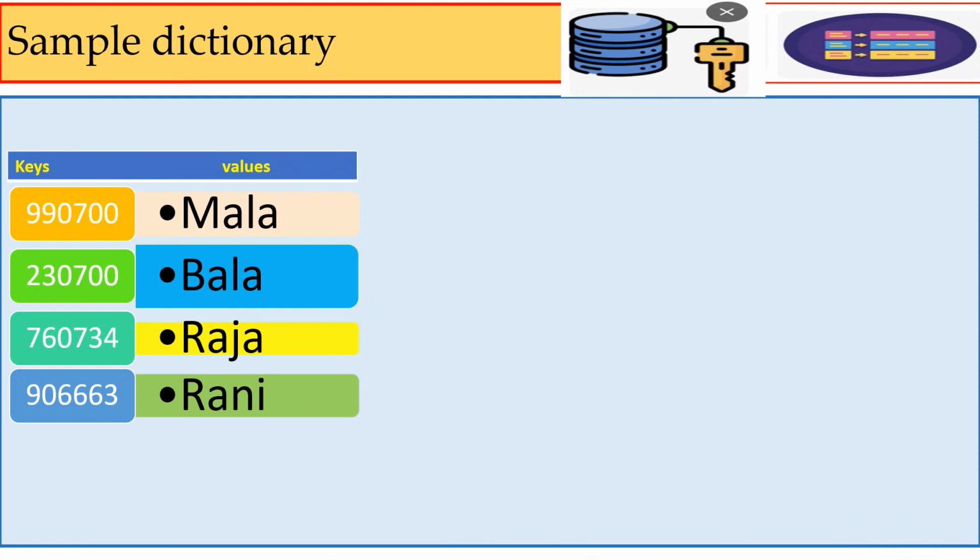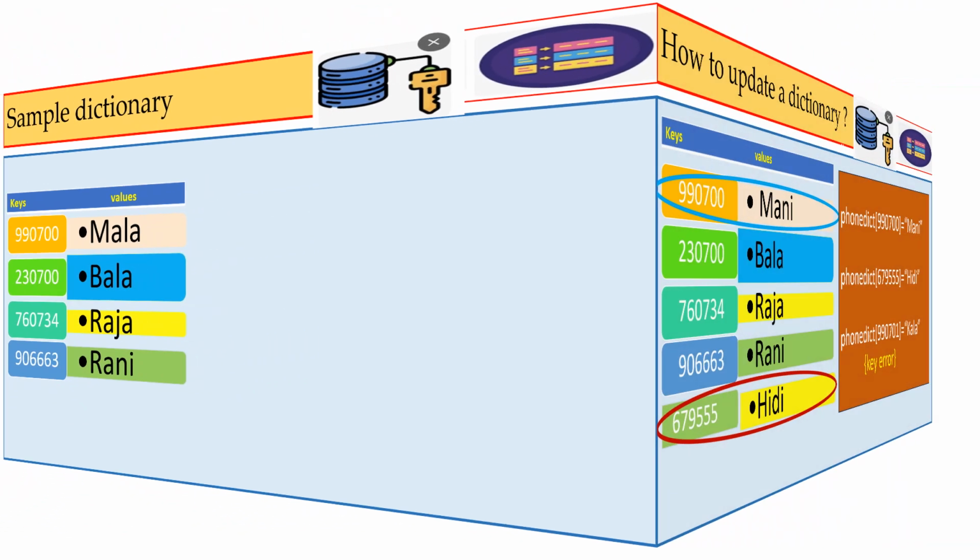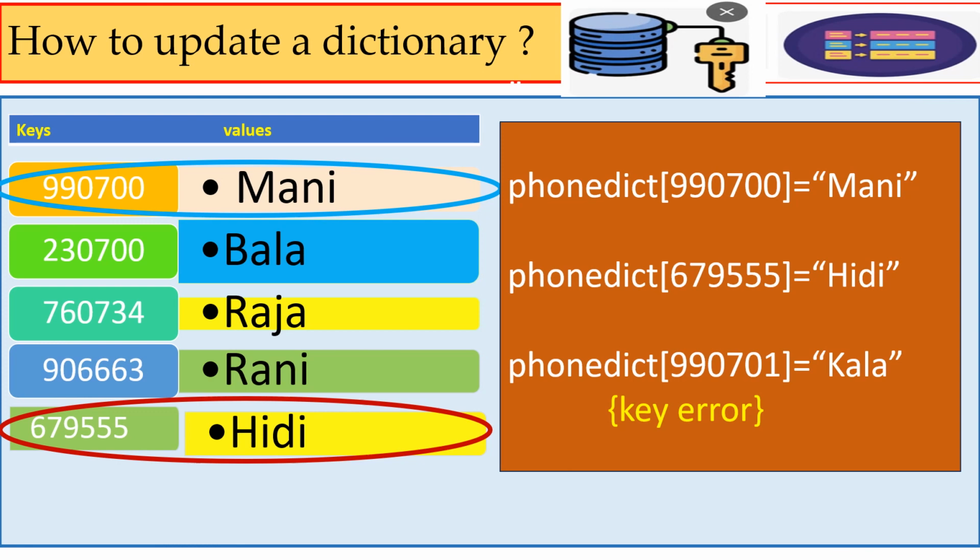So this is a sample dictionary that we could take up with four key value pairs. We will try to modify this data by using the syntax. Just learn how to update the dictionary. Already we have a sample where the first key value pair has the value mala.